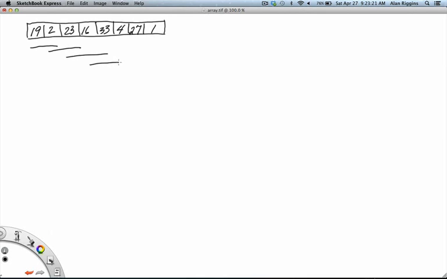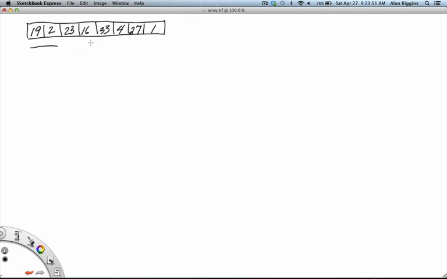Next set, next set, next set. And so you do the comparisons this way, and what you end up doing is moving or bubbling the largest element in the array down to the end. So in this array, we can see that the 33 is the largest element. So after the first pass of this algorithm, the 33 will be at the end.